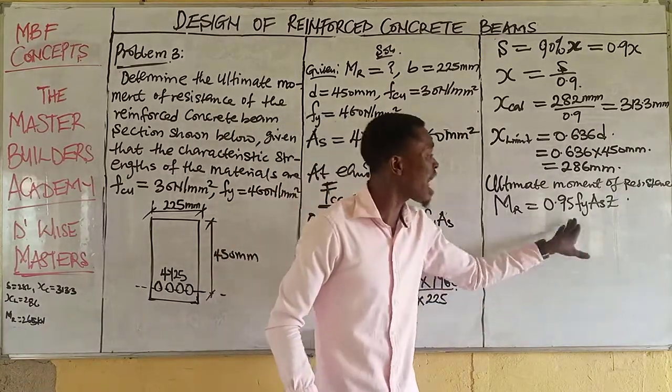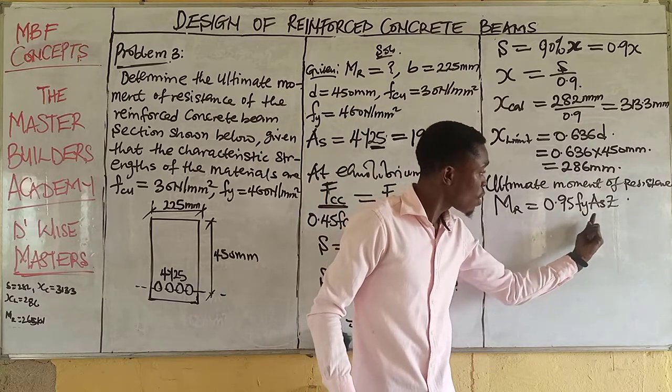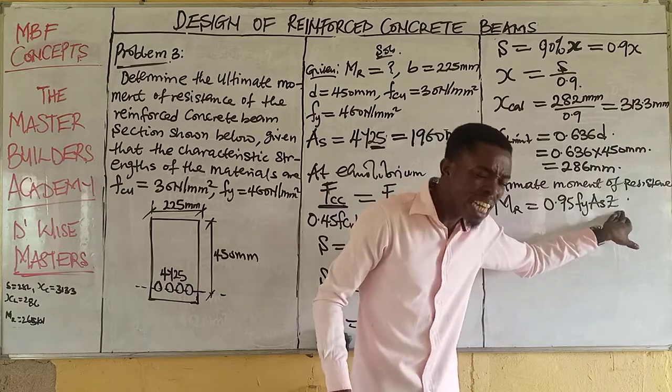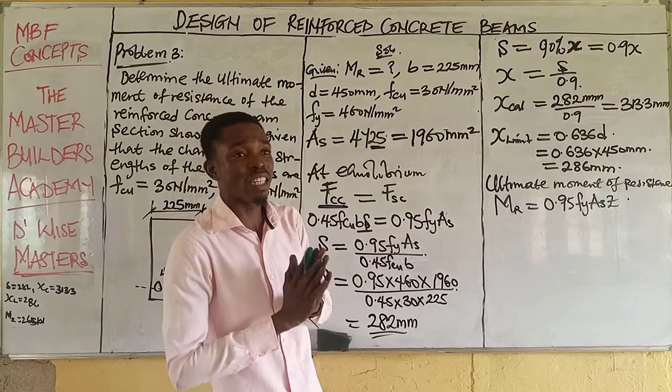Now, from this equation, we already have the value of the strength of steel and the area of the steel, but we have not obtained the lever arm. And we said earlier on that the lever arm depends on the lever arm factor.